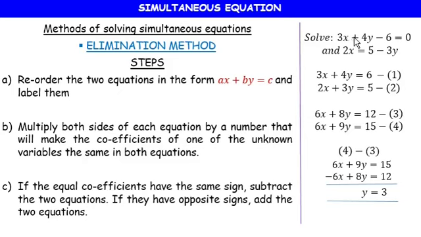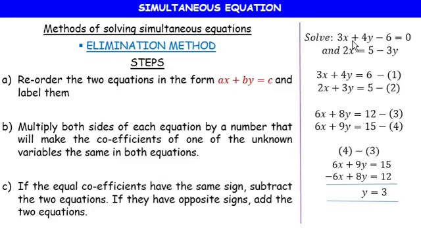Here we have 3x plus 4y minus 6 is equal to 0. You have to group all the numbers at one side of the equation and then group the two variables with their respective coefficients at one side. In the end, you have to have ax plus by.